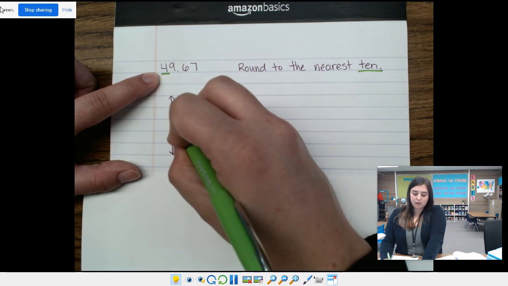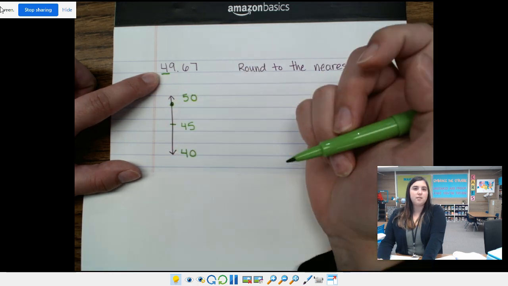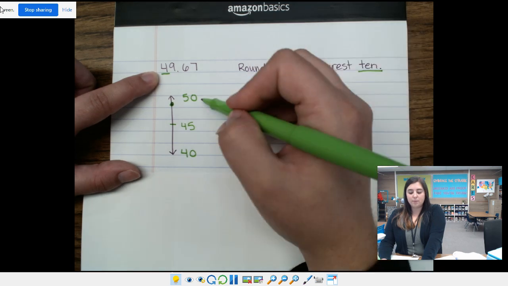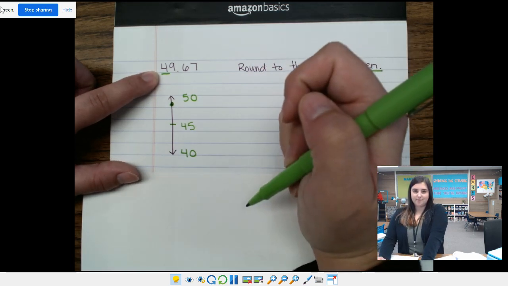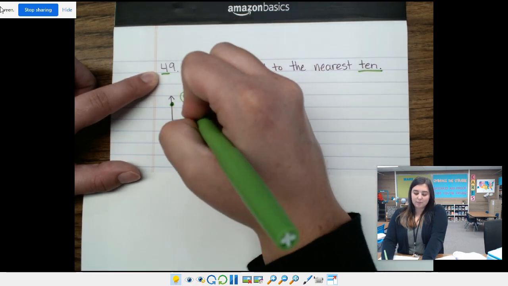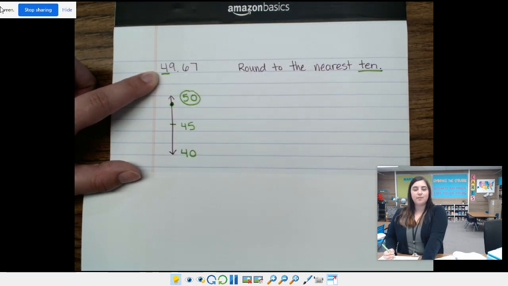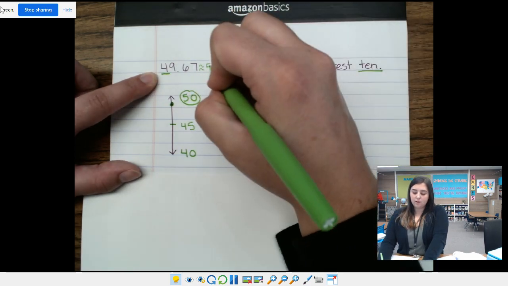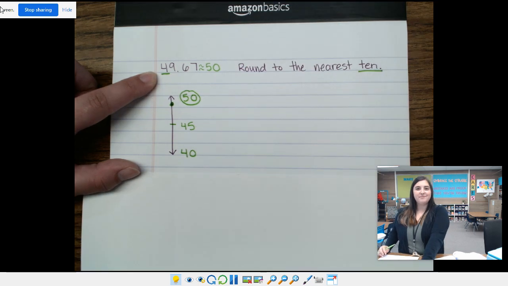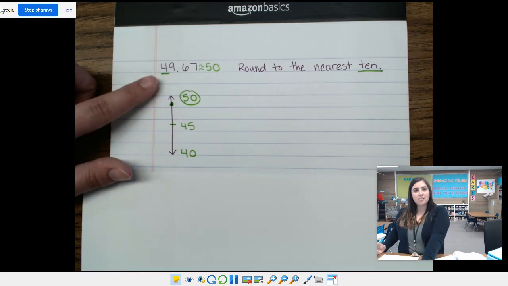It's actually pretty close to 50. So do I round up to 50 or do I round down to 40? We're going to round up to 50. So our number here is about 50. How'd that go? Are you getting a hang of this?